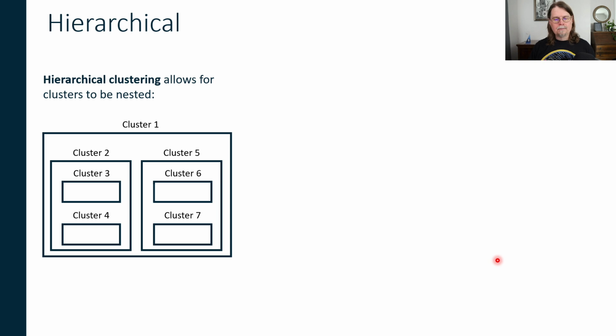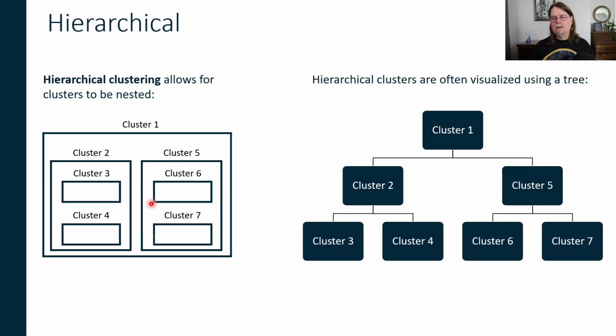And so for example, cluster 1 contains cluster 5 and cluster 2. Cluster 5 contains cluster 6 and cluster 7. This is a pretty reasonable way to visualize hierarchical clustering at a conceptual level, but it's not necessarily the most intuitive. So here's a better way. You can visualize hierarchical clustering and hierarchical clusters as a tree.